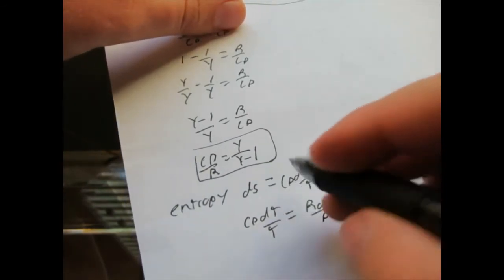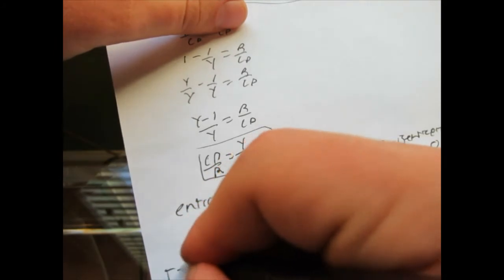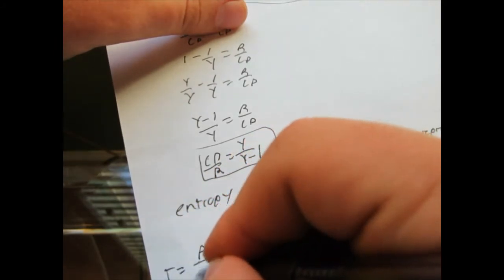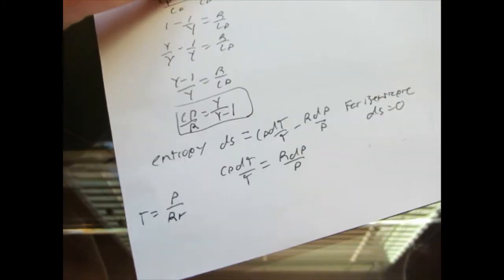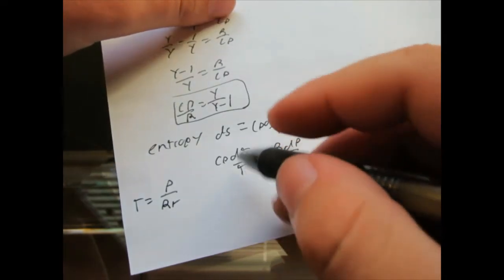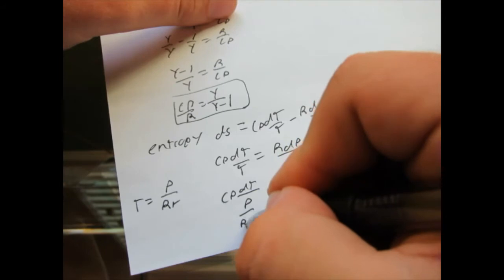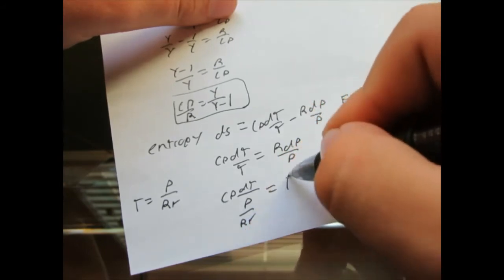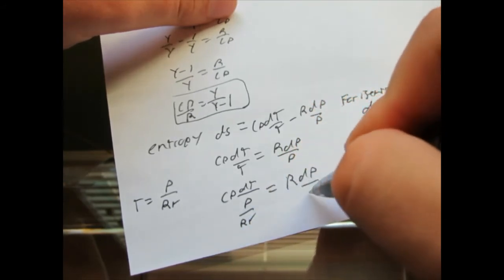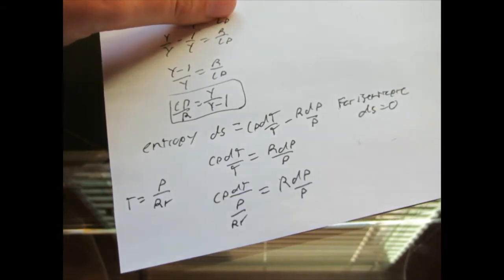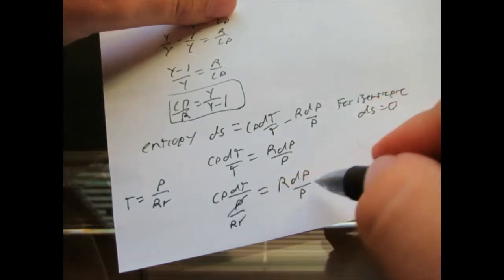Then from our equation of state, T equals P divided by R times the density, which we're going to plug into here. So Cp dT divided by P divided by R rho equals R dP over P. A lot of things cancel. These pressures cancel.